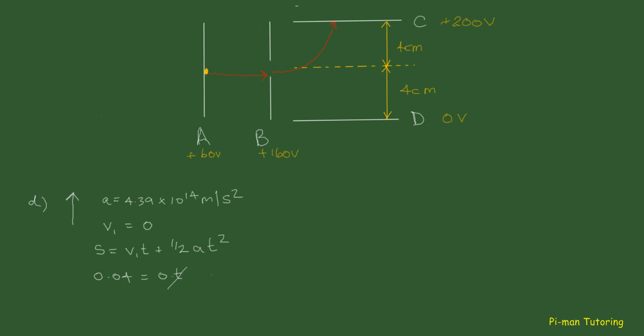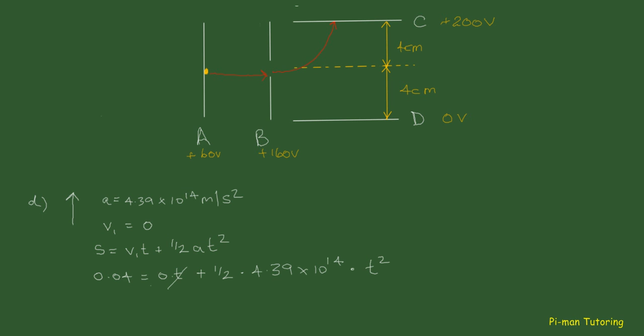So clearly that's nothing, plus 1/2 multiplied by 4.39 times 10 to the 14 for the a, multiplied by t squared, where t is the time that we're looking for.